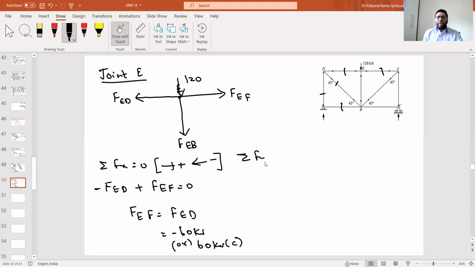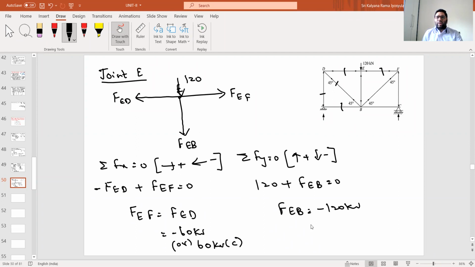Now sigma Fy is equal to 0. Upward positive, downward negative. That implies 120 plus FEB is equal to 0. FEB is equal to minus 120 kilonewton, or 120 kilonewton compression.